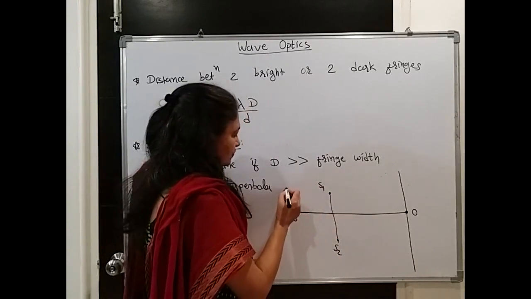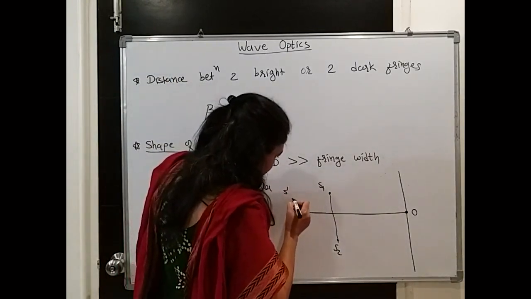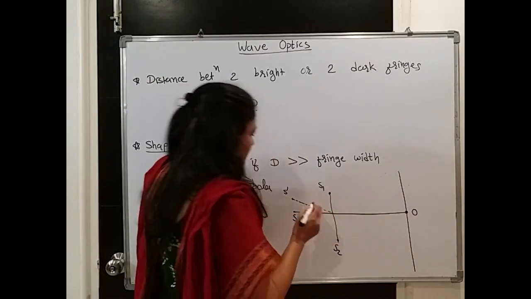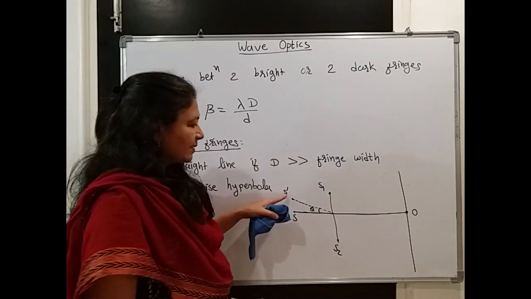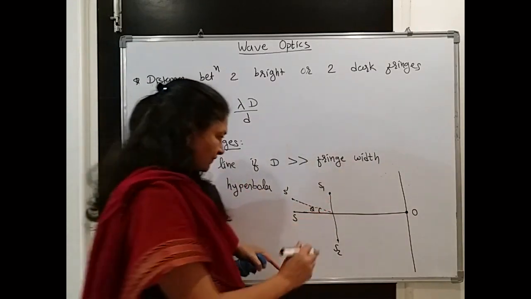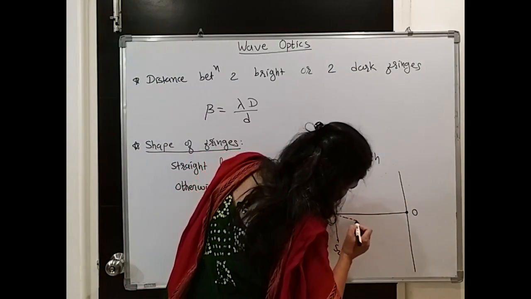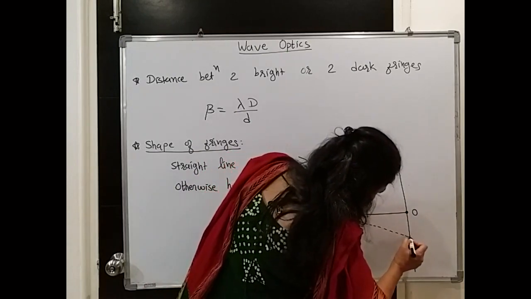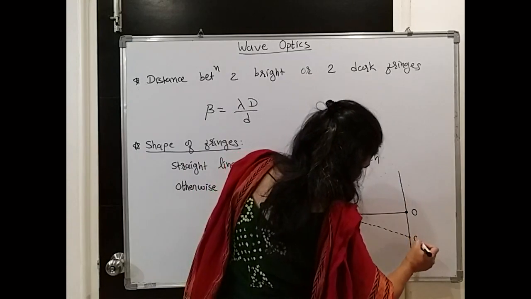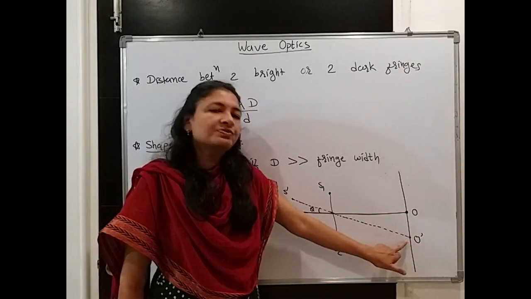Suppose this is the new position of the main source, and it makes an angle theta here. Then if my main source is shifted, the central bright will also shift. It will be at the same angle but on the opposite side of the bisector. So here O dash will be the new position of the central bright.